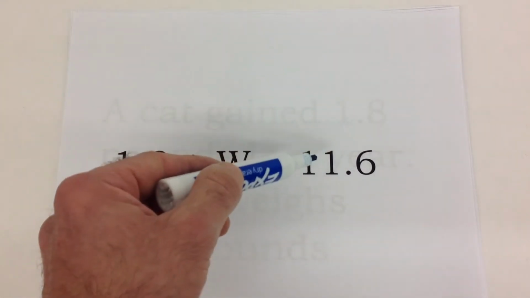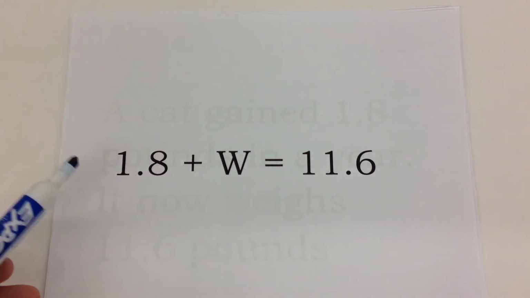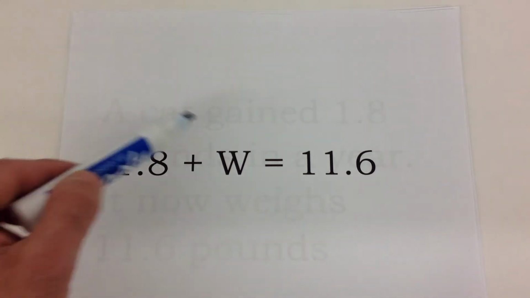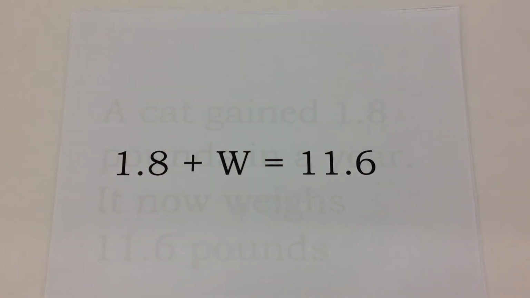11.6 is what it now weighs. Right? It gained this much. The W stands for what it initially weighed, or any variable you could use. Try to solve that equation using the steps we have done.